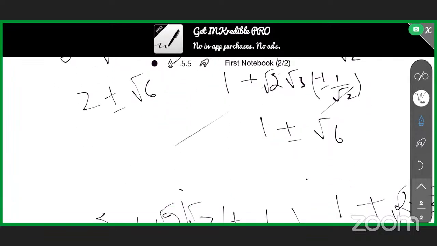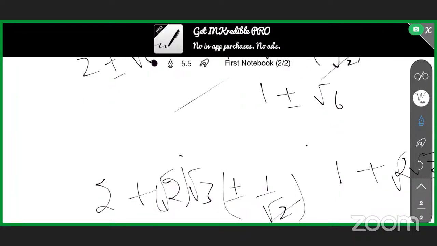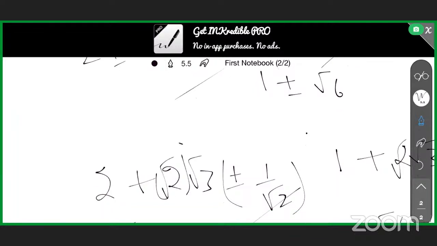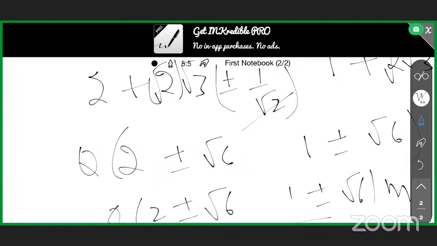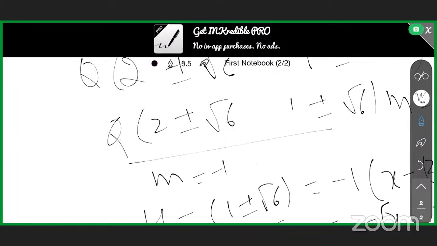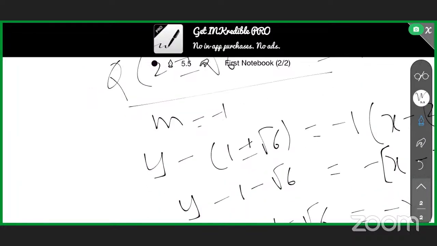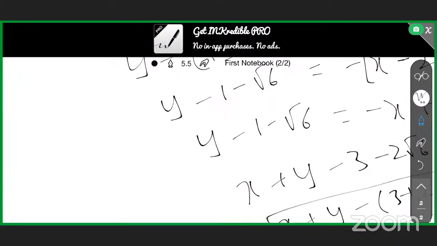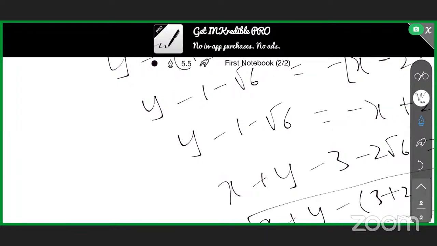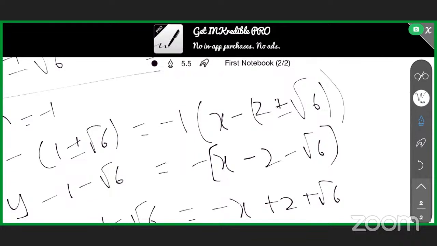This will give me y minus 1 plus root 6 is equal to minus of x minus 2 plus root 6. This will give me y minus 1 plus root 6 is equal to, just a minute, minus root 6. This is equal to x plus y minus 3 minus 2 root 6 is equal to 0.